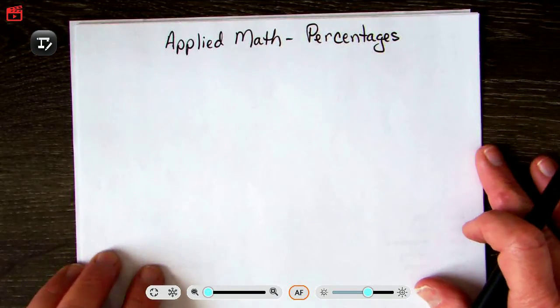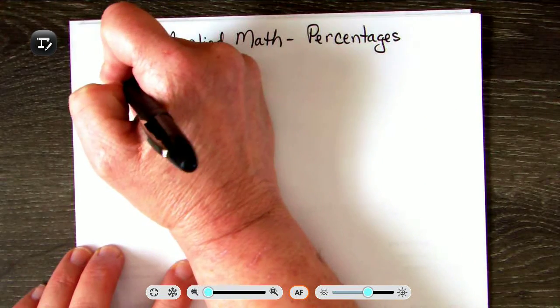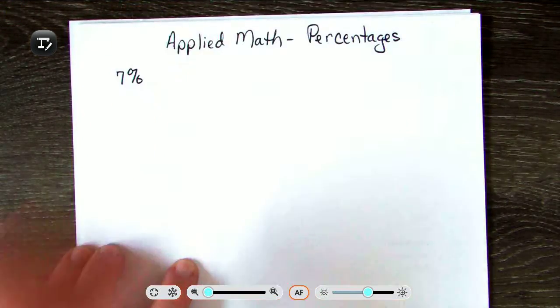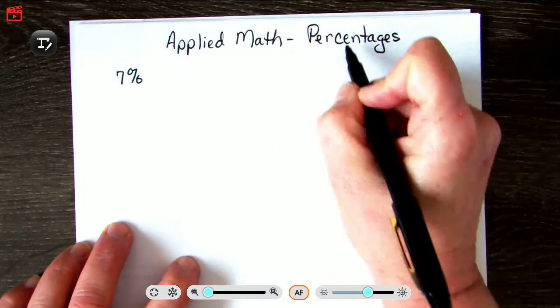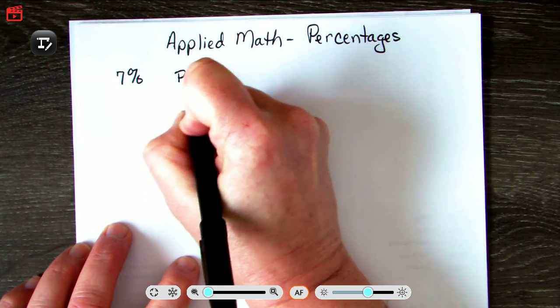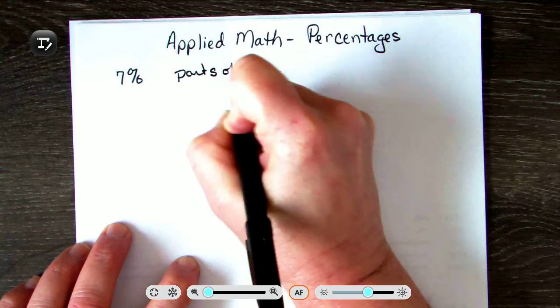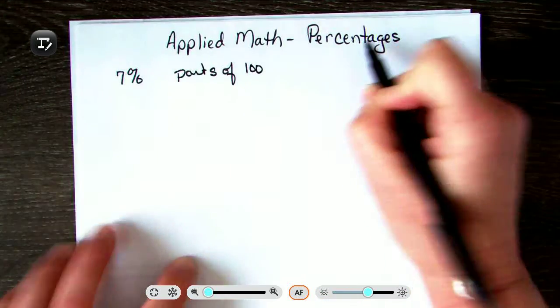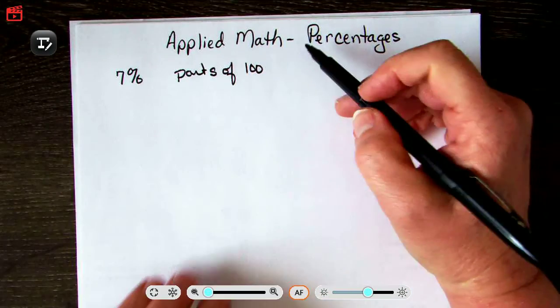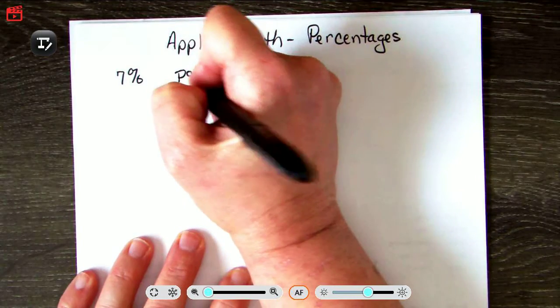And first of all, a percentage, so let's say like 7%. This word percent does mean parts of 100. So the cent does mean 100. The per almost means divided by.